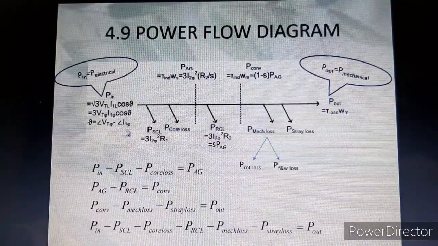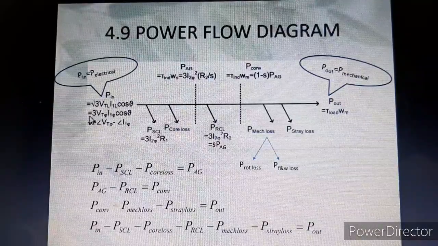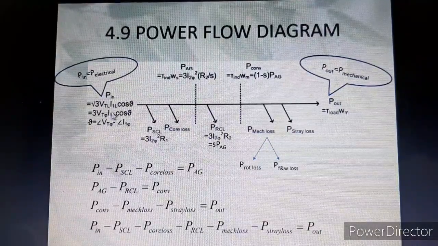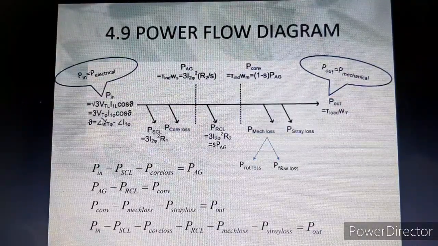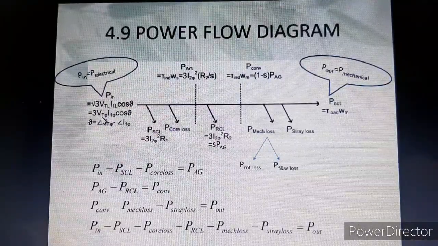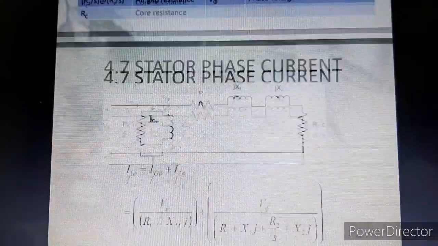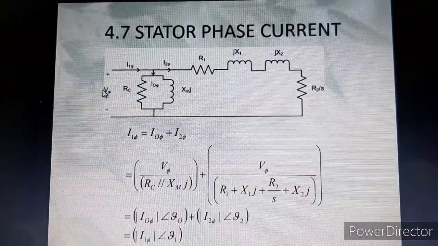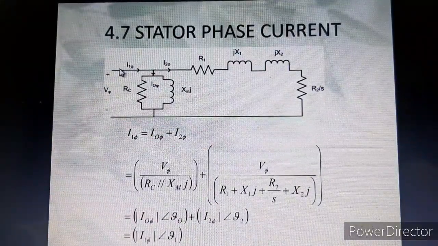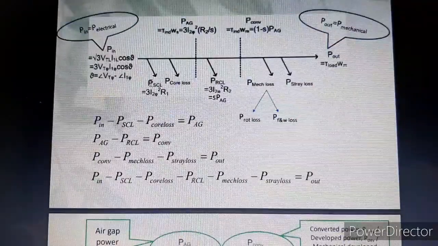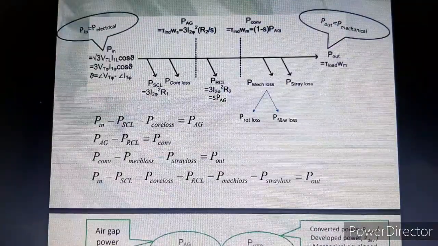The formula for input power is 3 VT phase I1 phase cos theta. Why VT phase? Because your input is on the per-phase terminal voltage, VT phase, and your input current is I1 phase.